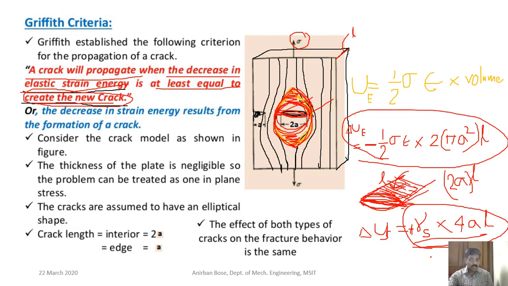When the strain energy released is more than the surface energy, because then the energy is large enough to create the new surfaces. That means the crack will propagate. So if this quantity is more than this quantity, then the crack will propagate. This is the idea.